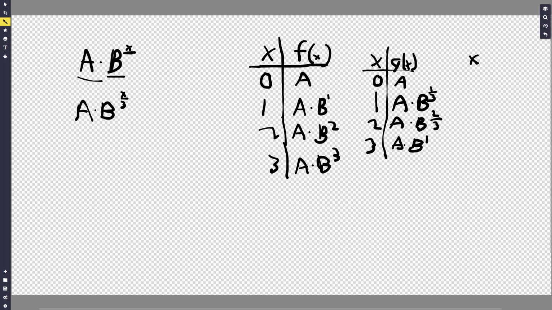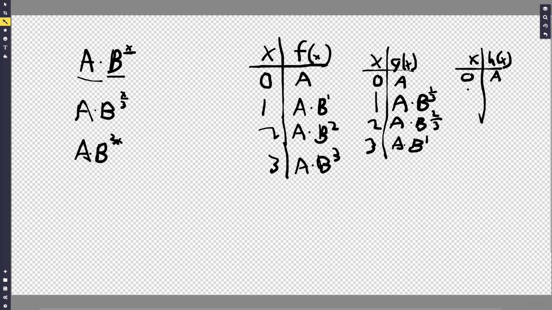Now let's do one more. How about we have h of x, another function, and we have a times b to the 3x. So obviously when x is equal to 0, it's just a.